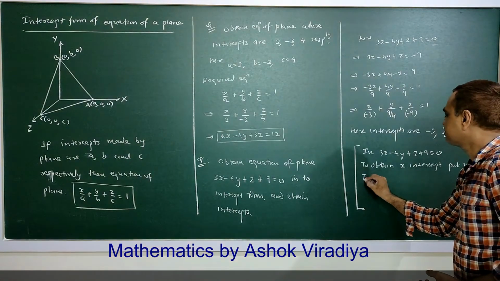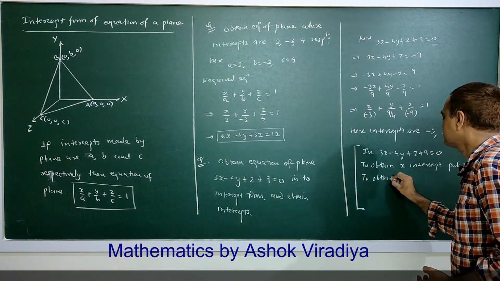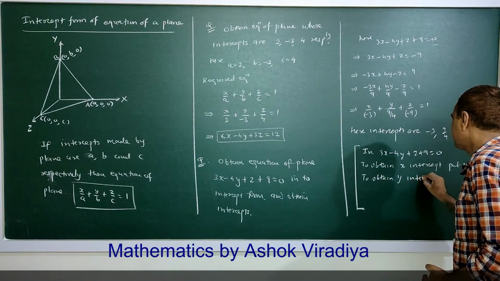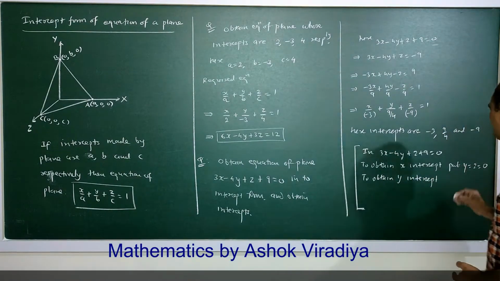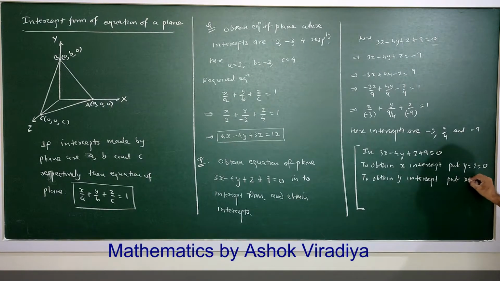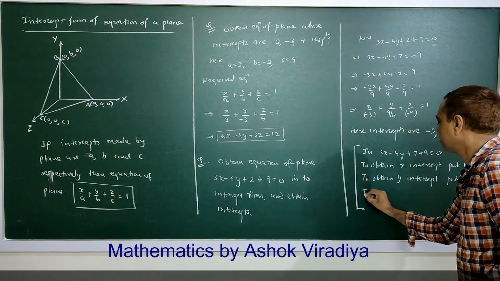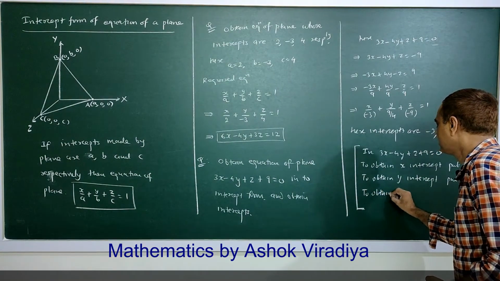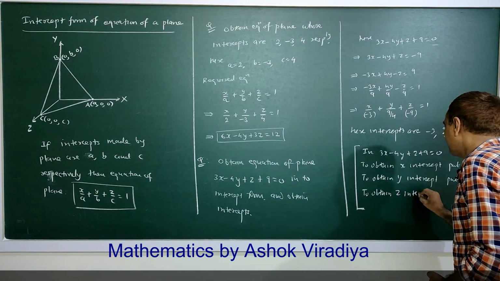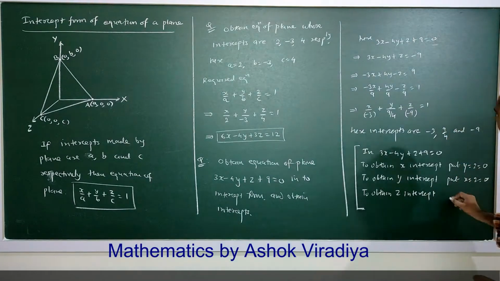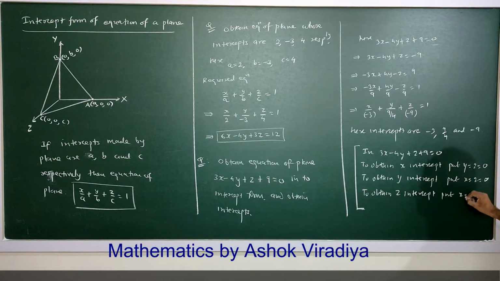To obtain the y intercept, put x and z both 0, and to obtain the z intercept, put x and y both 0 in this equation. So we can directly calculate intercepts orally.